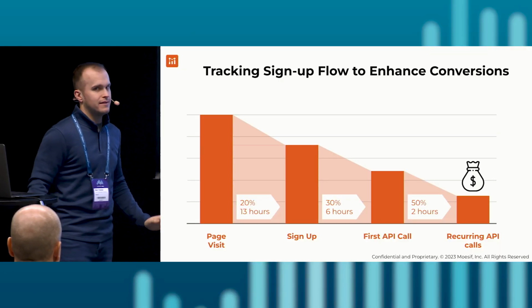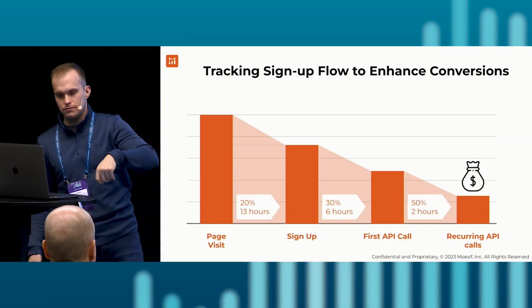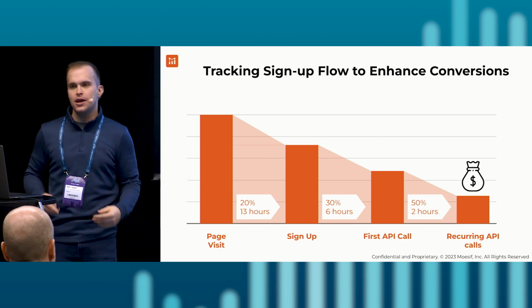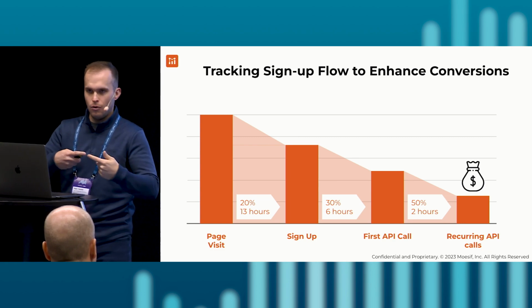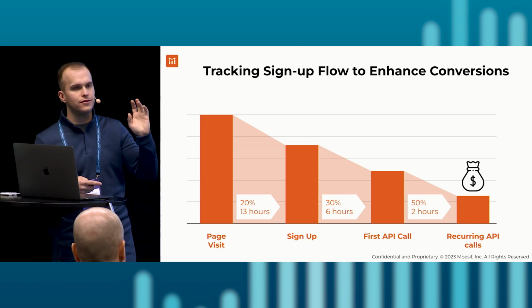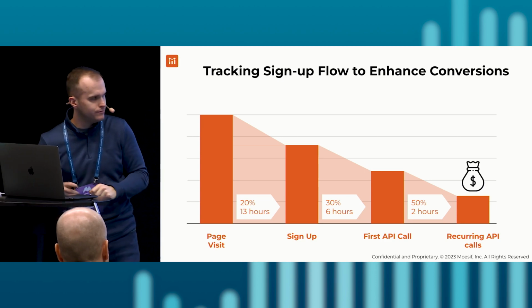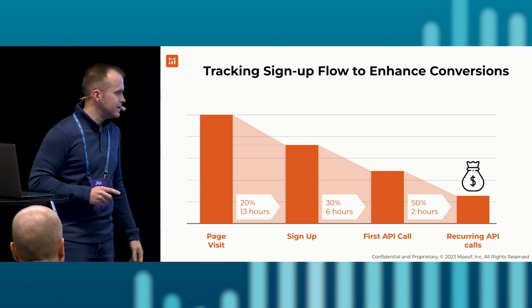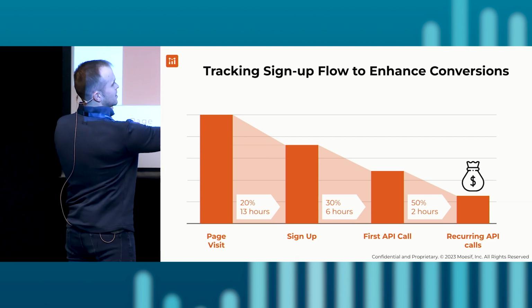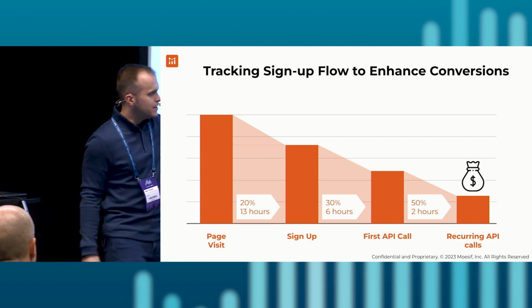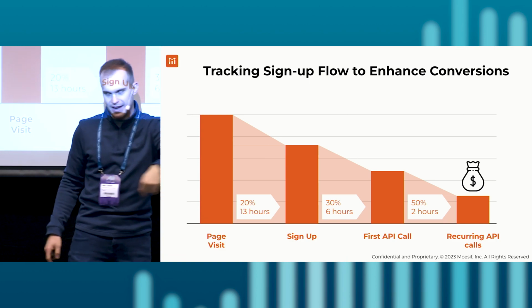Now, as you implement that enrollment flow, if you actually want to be successful with API monetization, you need to look at how you're converting. It's not enough to just put out your API and go, let's see who uses it. What you should be looking at is, this part is likely going to be some type of front-end application, and this back part is going to be on the back end itself.